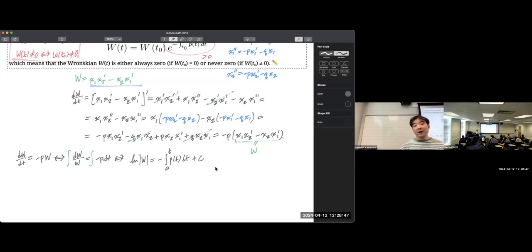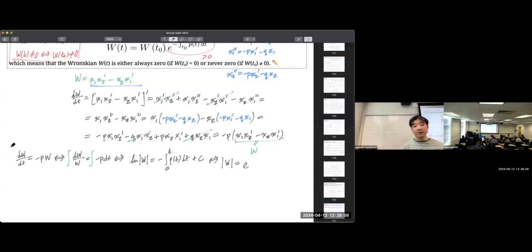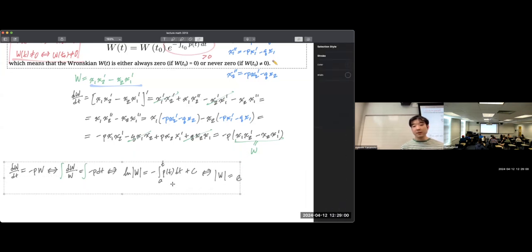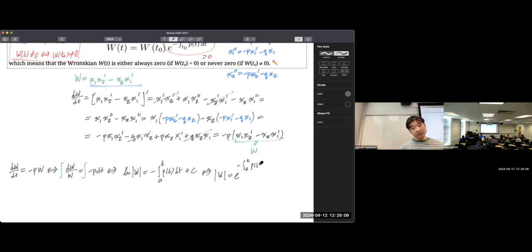And then what we're going to do is take the exponential of both sides. So you're going to get the absolute value of W equals e to the integral from a to t of p of t dt plus c.